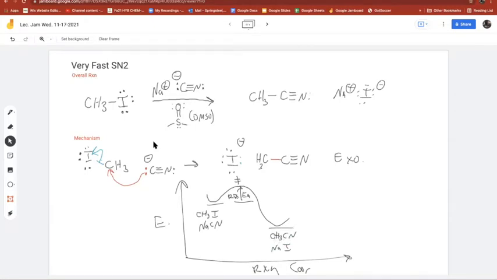Okay, so our transition state is going to look more like what? Reactants or products? Looks more like reactants. So my iodide is going to be just starting to break away, still pretty close to the carbon there. And my cyanide's bond is just starting to form, so it's going to be further away.